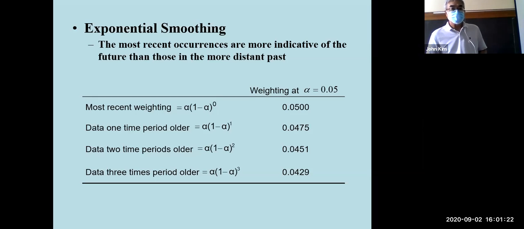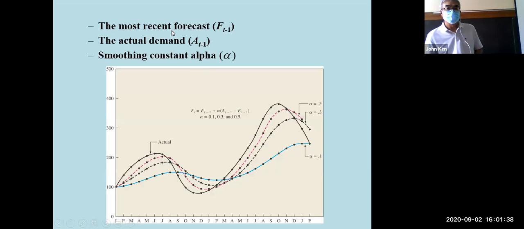Same idea, but instead of giving a weight arbitrarily, we use this formula to give the weight. Alpha is the smoothing constant, depending on how much it affects. Usually this alpha is given.